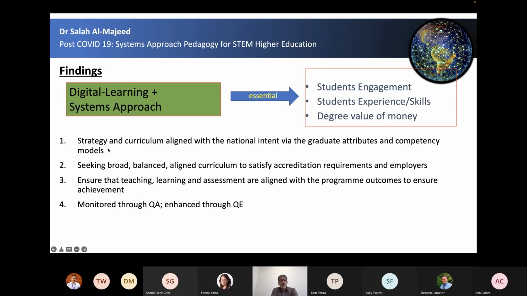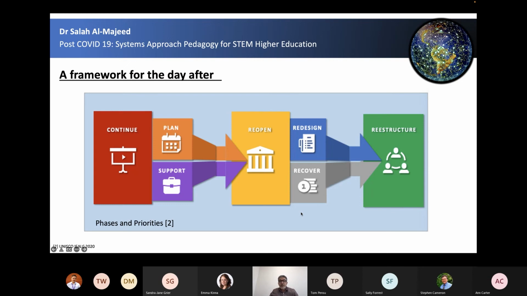Hence, we think a strategy and curriculum alignment with the national intent via graduate attribute and competency model should be in there, seeking broad balance alignment. That would also be a key parameter: ensure that teaching, learning, and assessment align across programs, and of course keep monitoring things. That's what I want to share with you today.